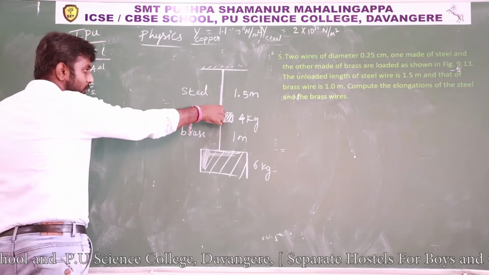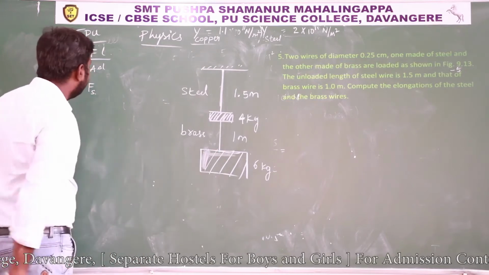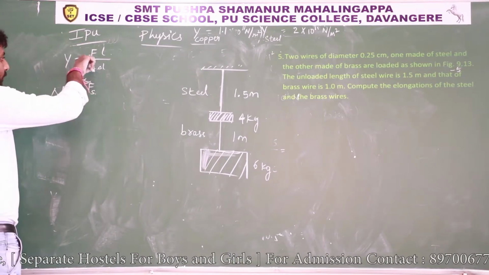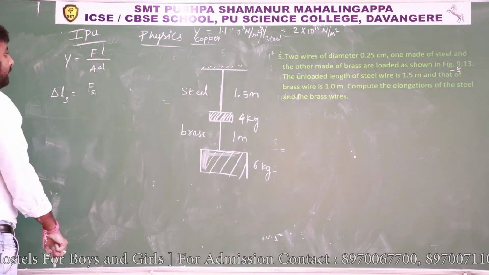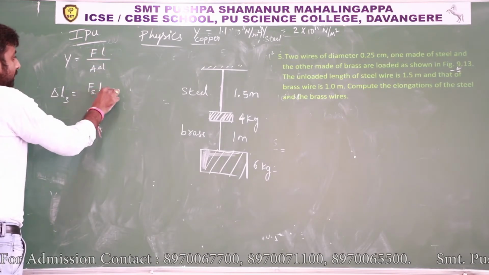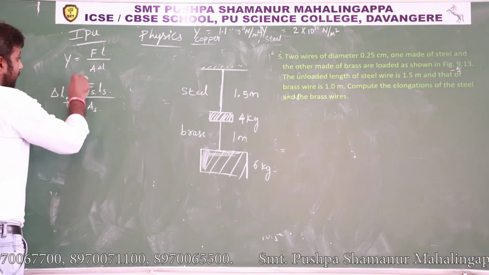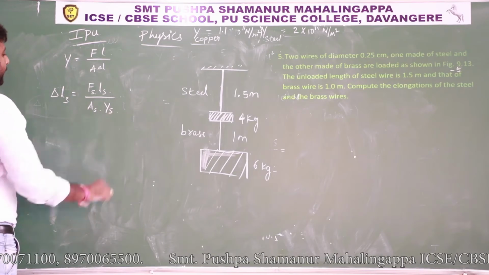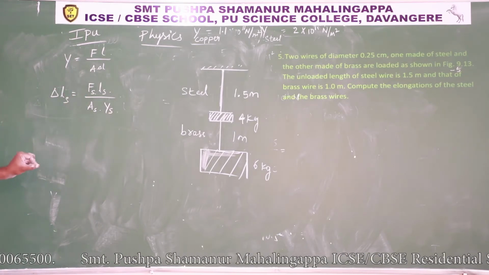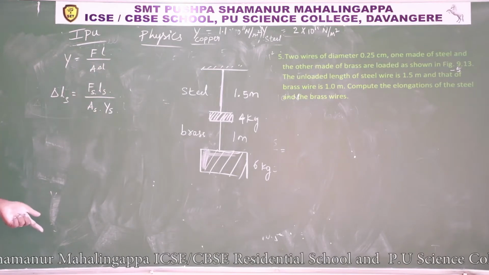The load attached to the steel wire is different from the load attached to the brass wire. Substituting the values in this formula, we can find the elongation produced in the steel wire.